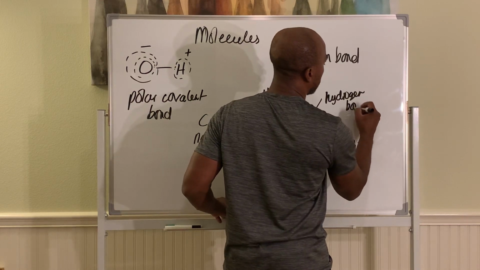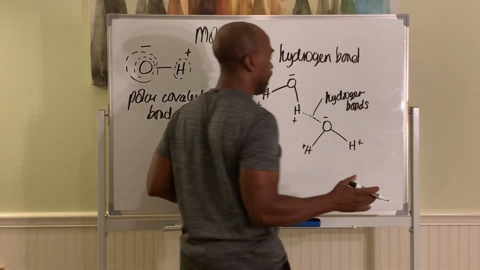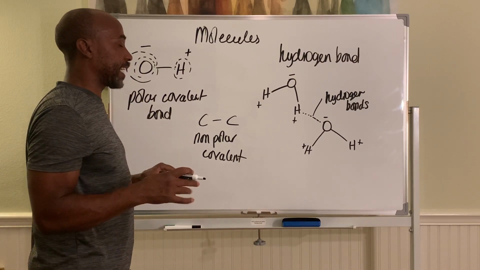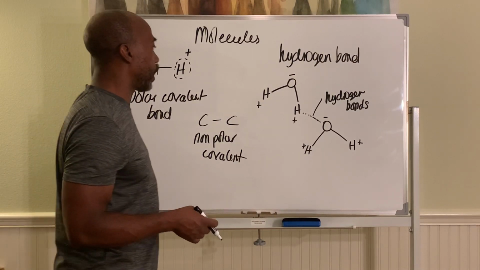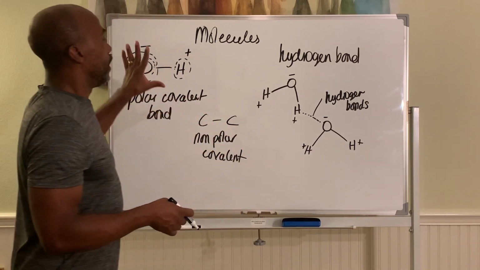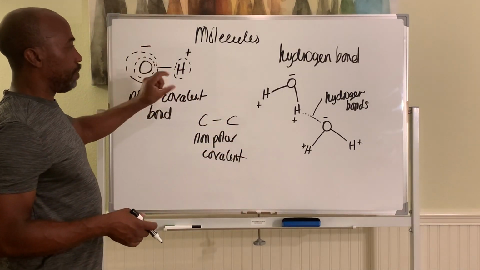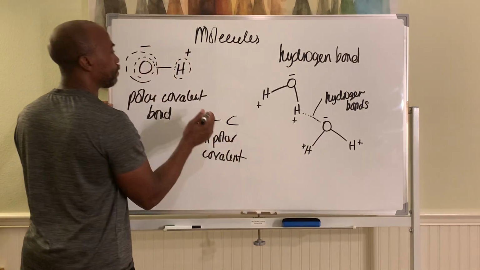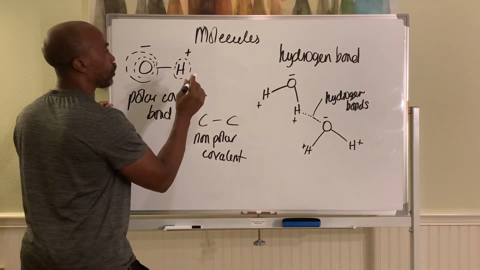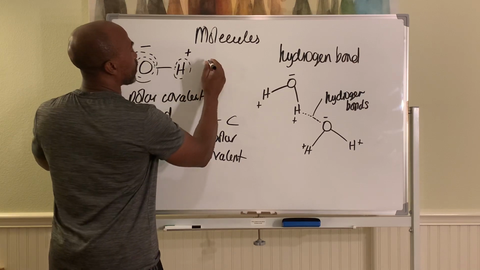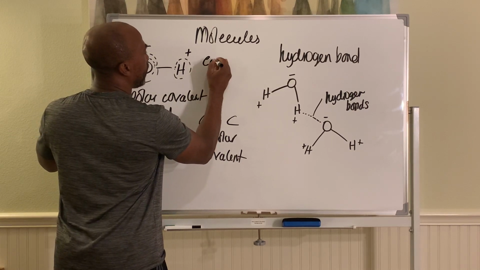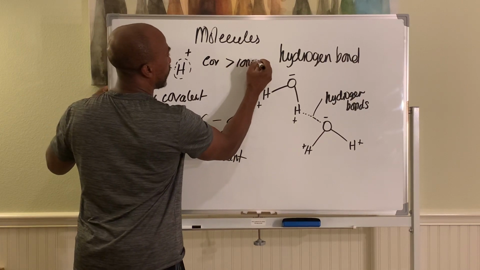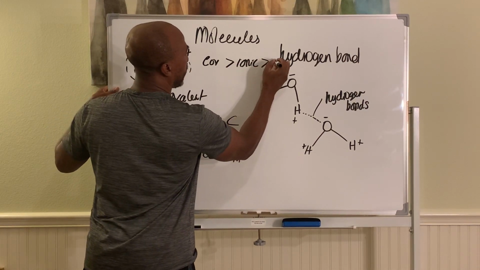Very weak bonds, but in great numbers, they can give you an overall strength that can hold things together very strongly. So you have ionic bonds, covalent bonds, hydrogen bonds. Usually the order in terms of strength of bonding, and this one is sometimes a bit controversial, but the rule of thumb is that covalent bonds are stronger than ionic bonds, which are stronger than hydrogen bonds.